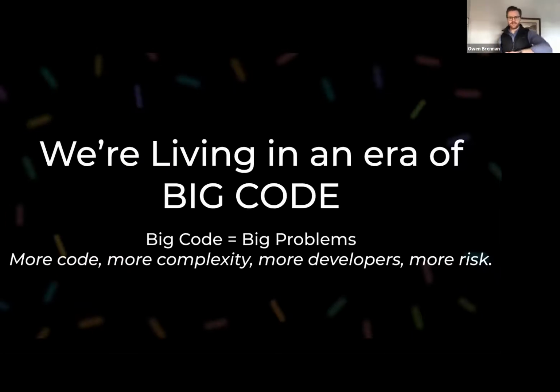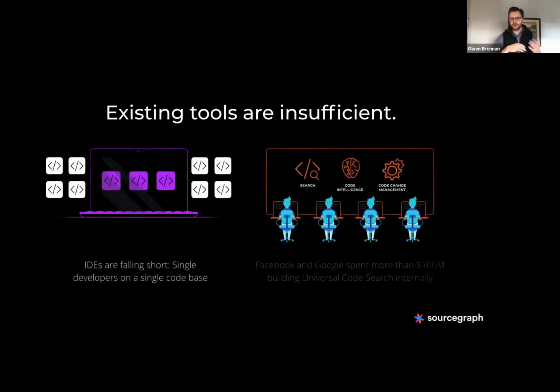Diving back into our value proposition and why Sourcegraph is so valuable to our customer base and how we can help you get this spun up and installed: we're living in an era of big code. And with big code comes more complexity, more developers, and obviously more code. So when we started Sourcegraph, our perspective was that existing tools were, and still are, really insufficient without use of Sourcegraph as a universal code search tool.